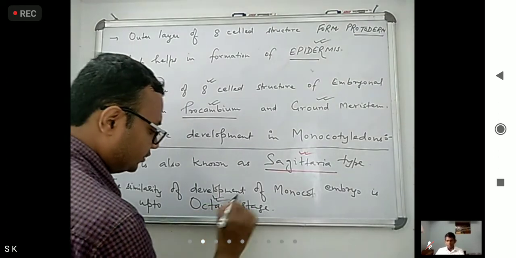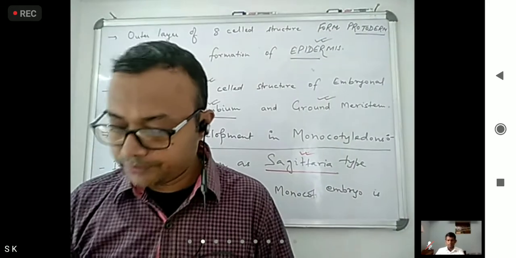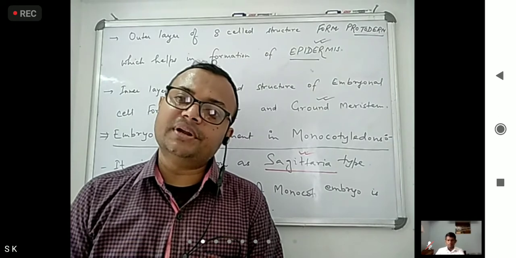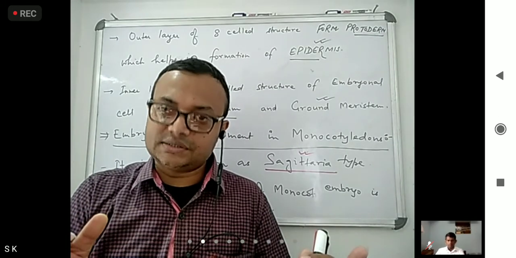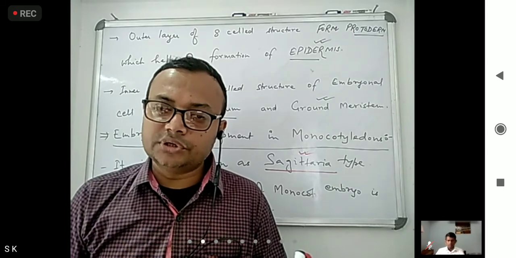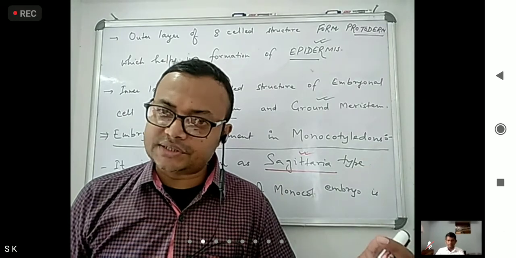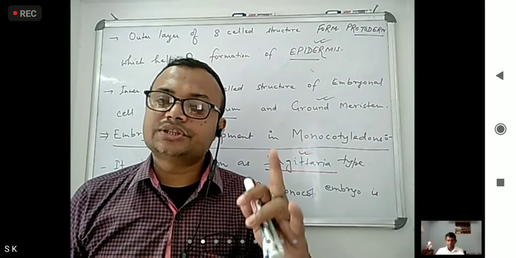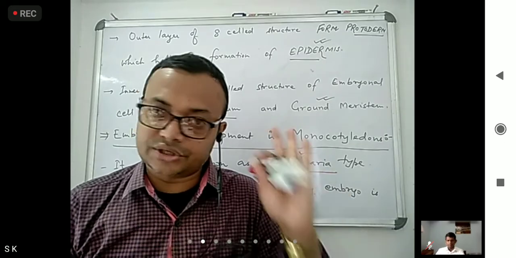Okay, this you have to remember, up to what stage? Octant stage. And later on what happens? Later on differences occur. Here what you have to remember is that previously we saw the suspensor cell was an 8-celled structure. Here the suspensor cell is a single-celled structure. That you have to remember.